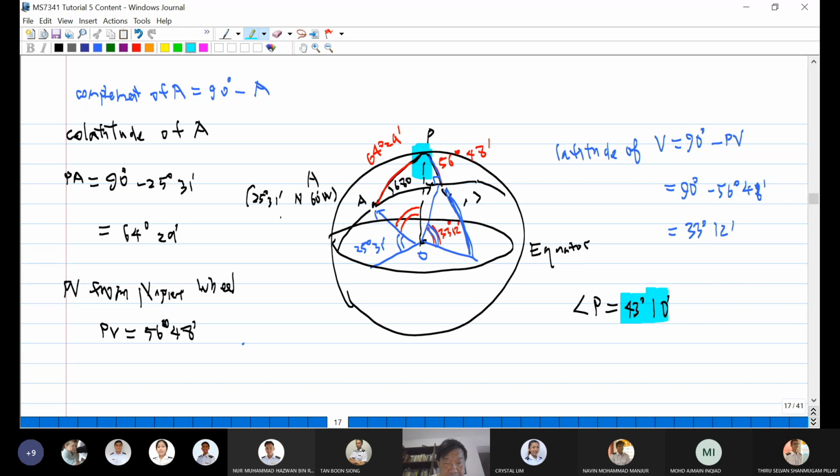So what does it mean? The ship moves to the northeast direction. Okay, the ship moves in this direction here, going toward the east side. Right? A is 60 degree west. So the longitude of V now, okay?